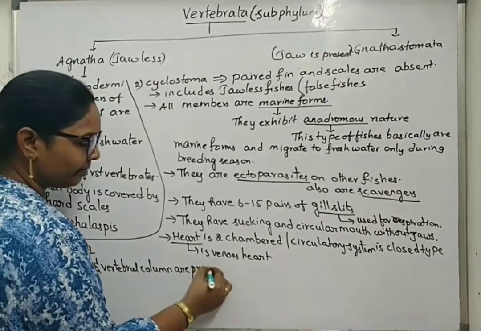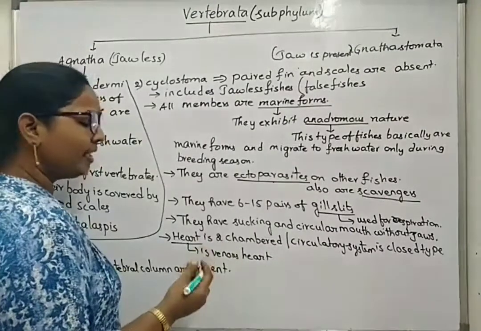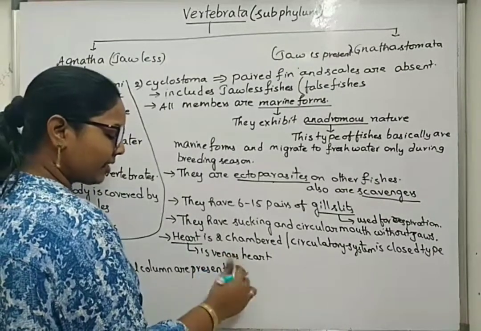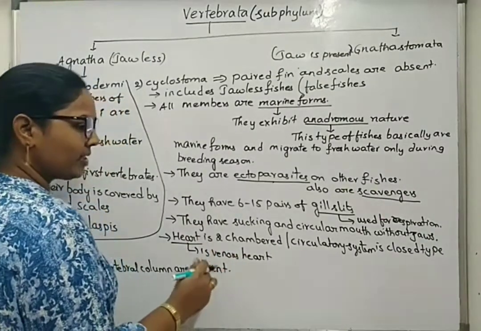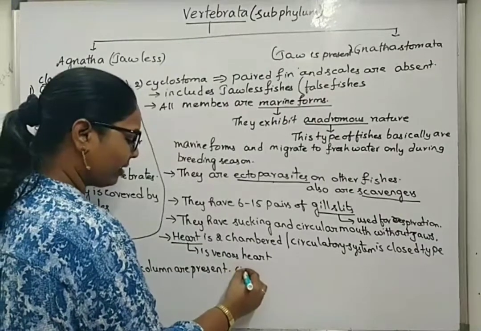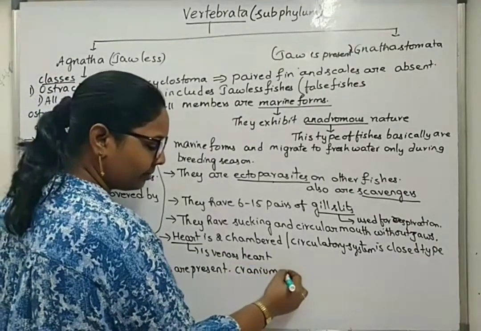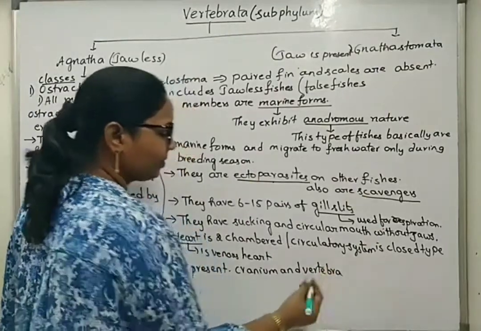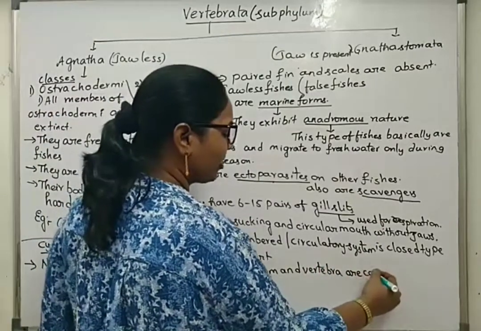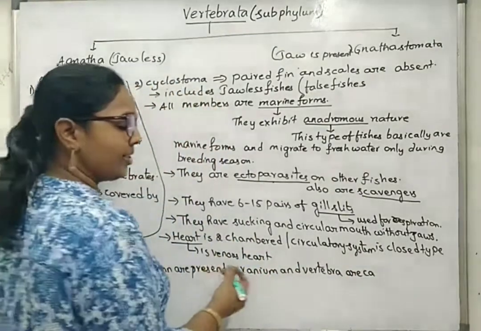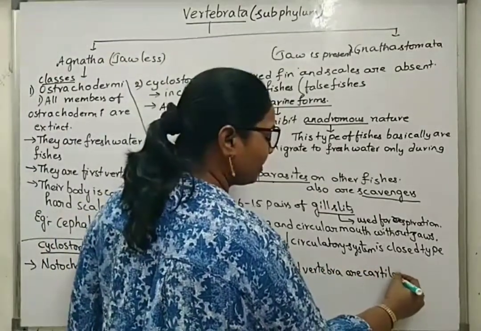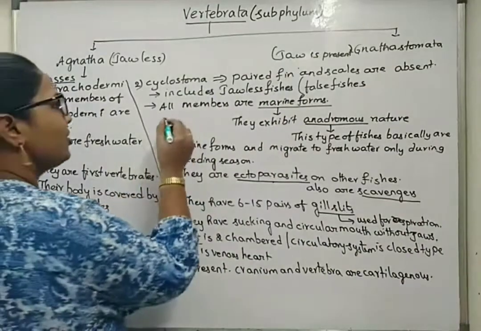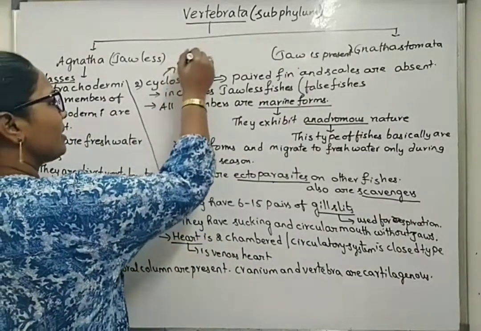Cranium means the structure on the outermost surface of the head region for protection. The cranium and vertebrae are made up of cartilaginous tissue. In Cyclostomes, bones are absent.